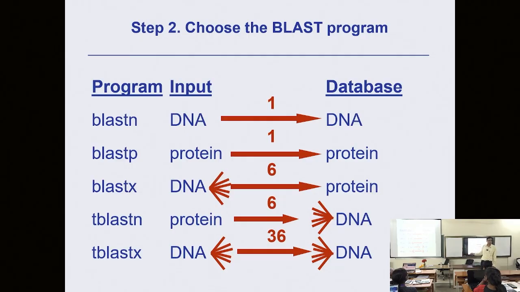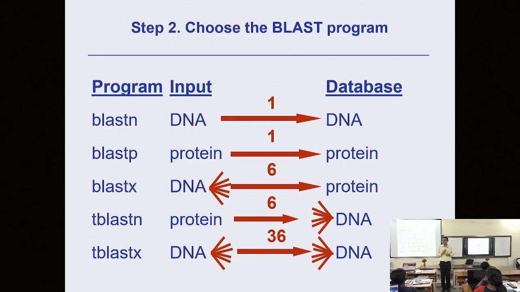So one comparison. Okay. BLASTX: the query is DNA and the database is a protein database. So you want to compare the DNA that you are interested in, your sequence of interest, with a protein in the database. And DNA is a different polymer than protein. You cannot make the comparison directly, right?